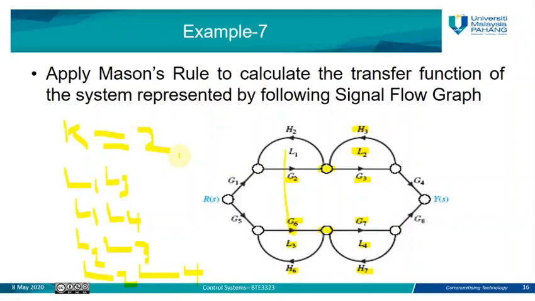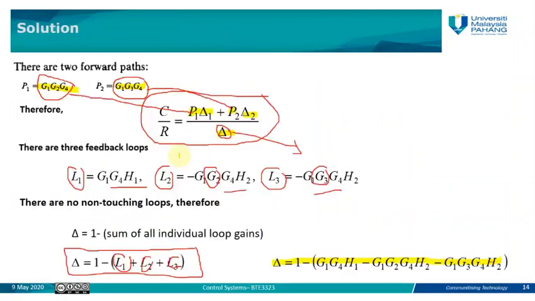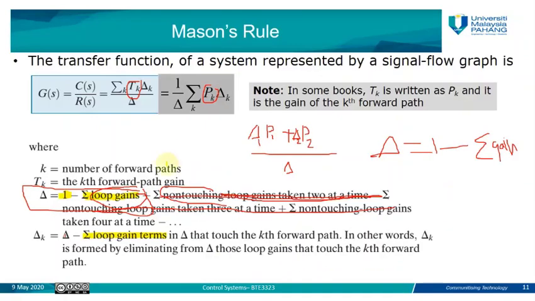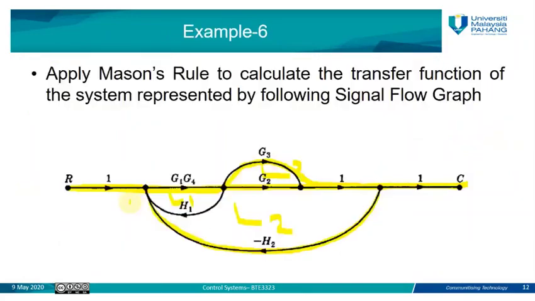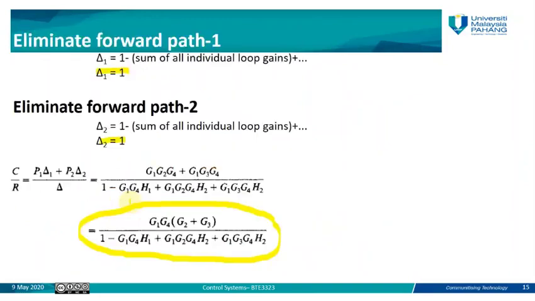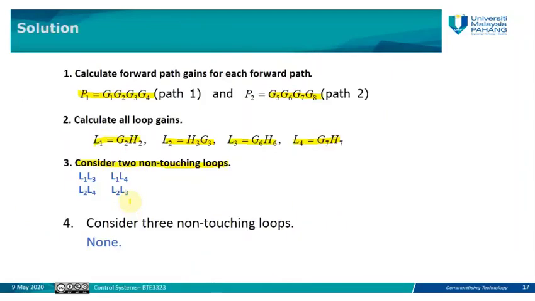So in this case, the term in the formula of delta, the non-touching loop gain taking 2 at a time, is present. This term will be included in calculating delta in this example, since we have 2 non-touching loops with each other, which are L1, L3, L1, L4, L2, L3, L2, L4. And we need to know the gain of L1, L3.